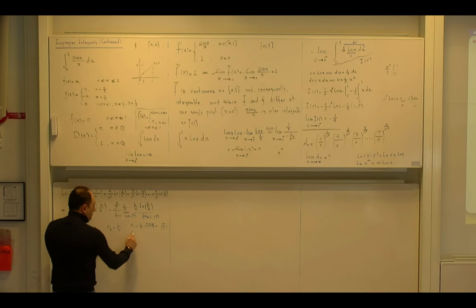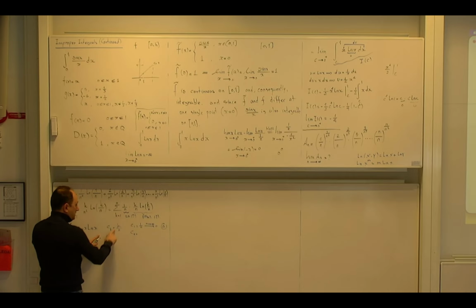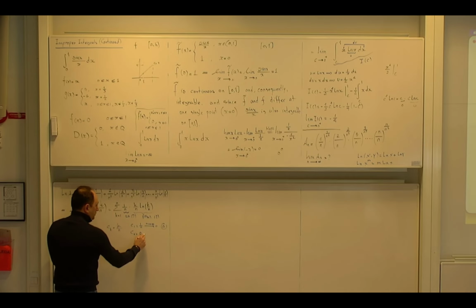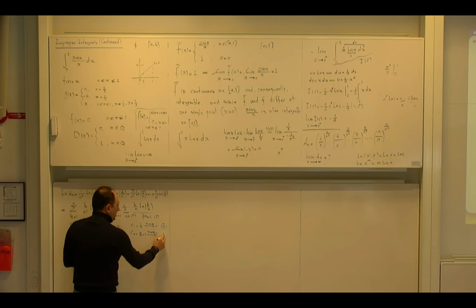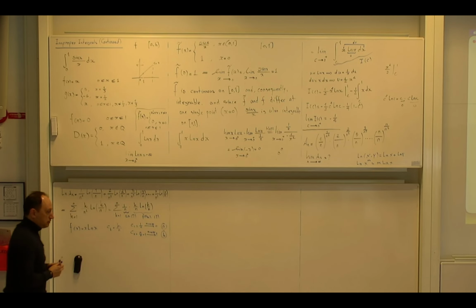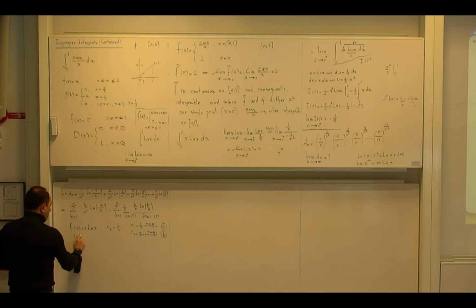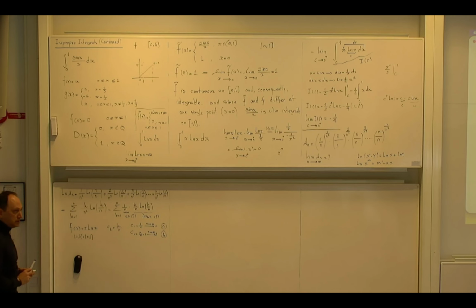And then I calculate the last one. c_n is n over n, which is of course 1. I send n to infinity, but it will not affect the constant, it remains 1. So this will play the role of my b. So my function should be this function, and my interval, based on my guess, is 0 to 1.